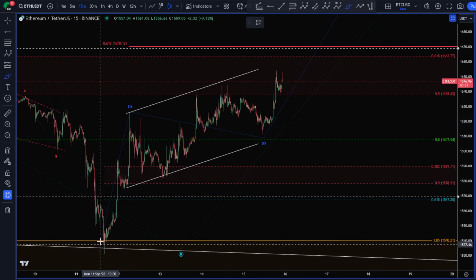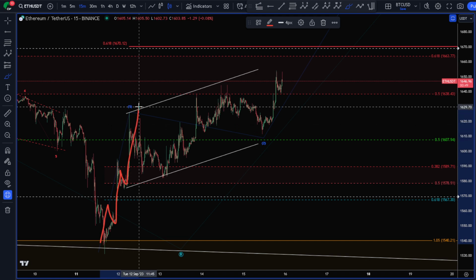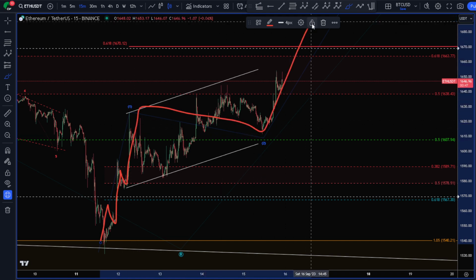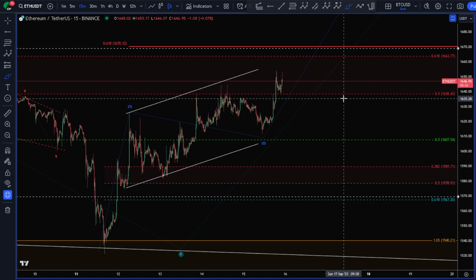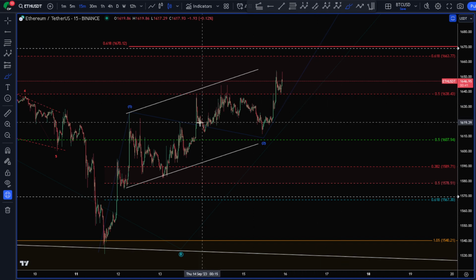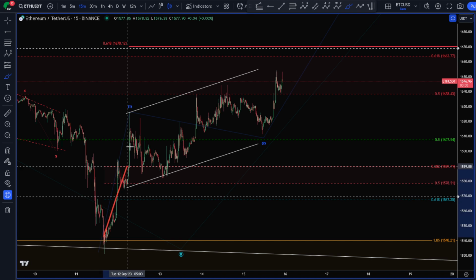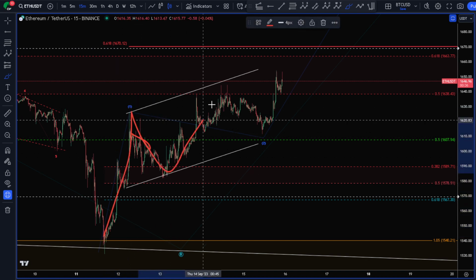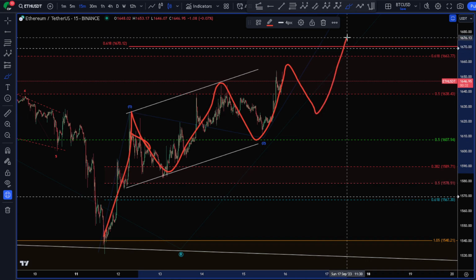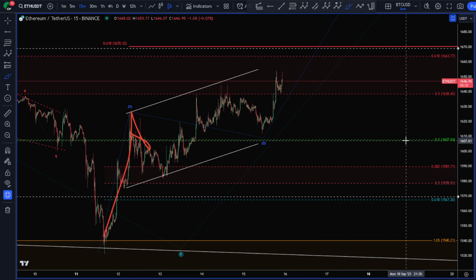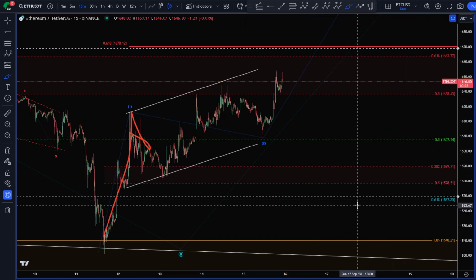So we have 5 waves up here as either a wave B, and then a C wave up to that 1-to-1 target I showed you in the lower probability version, or we're making currently a 1-2 flat, and then we're making another 1-2 before our third of the third, which is what my trade setup is looking for at the moment.